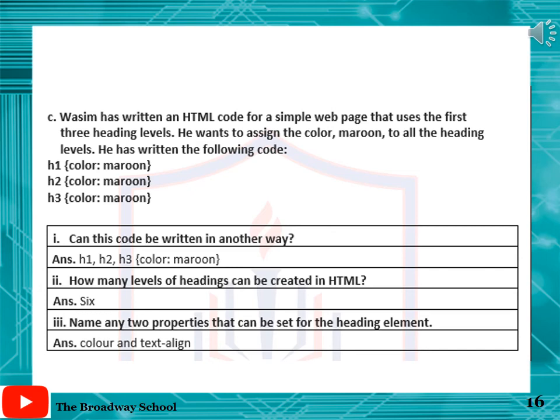Can this code be written in another way? Yes. H1, H2, H3 with commas and color colon maroon in the curly brackets. How many levels of heading can be created in HTML? 6. Name any 2 properties that can be set for the heading elements: color and text align, and you can write any of your choice.